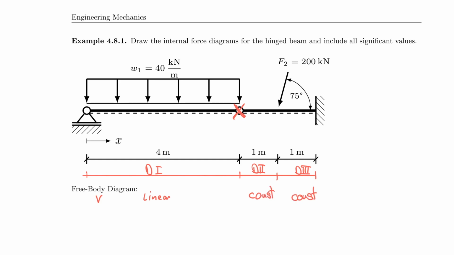That is no different than before. My moment would be quadratic, so x squared, this here would be linear or x, and this would be also x.